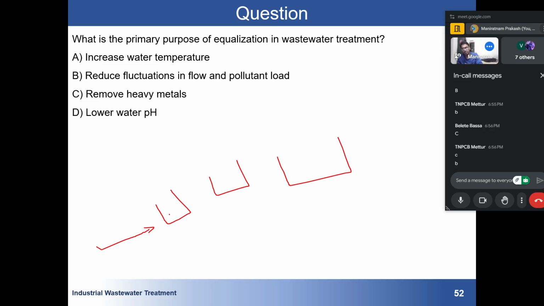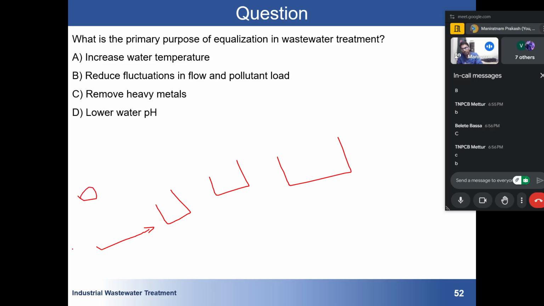Each has a particular capacity, and the flow is defined: if it can handle x cubic meters per hour, then only that much volume should come in.